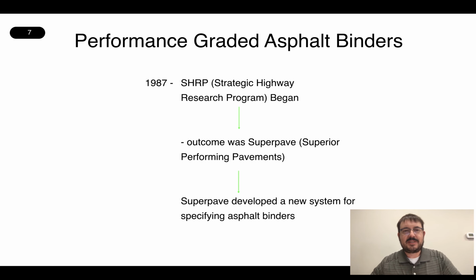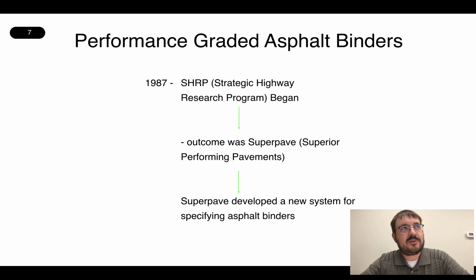The next topic to discuss is the performance grading system for asphalt binders. Back in the late 80s, the Strategic Highway Research Program began, and the outcome was specifications also known as the SuperPave specifications for both hot mix asphalt and performance graded binders. This was a new way for us to identify, develop and specify asphalt binders used in road construction.